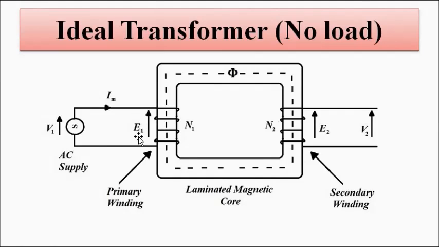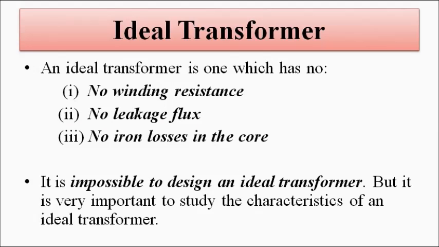But in ideal transformer, the resistance part is neglected. And we have also discussed about leakage flux and mutual flux in the coupled circuits, and also in the discussion related to ideal transformer. So ideal transformer has no leakage flux, only mutual flux, and it has no iron losses, eddy current, hysteresis, like that.